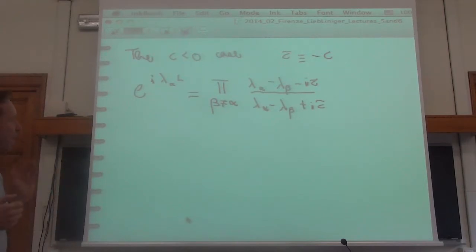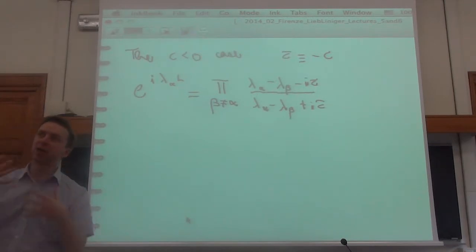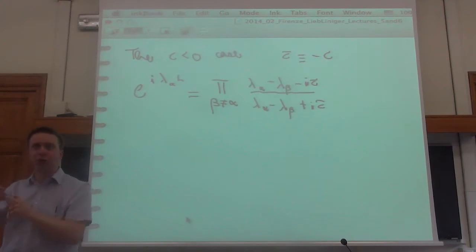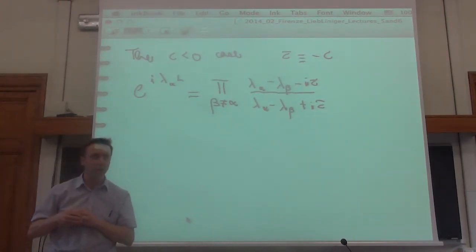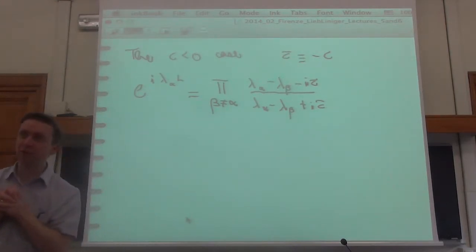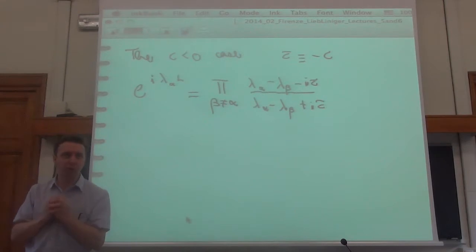Now there's something which I can't prove to you, but the solutions to Bethe equations are self-conjugate. The first statement is that if you have a set of lambdas that are a solution to the Bethe equations, then the set of the conjugate solutions is also a solution to the Bethe equations, automatically. However, a more insightful statement is that every set of solutions to Bethe equations is self-conjugate.